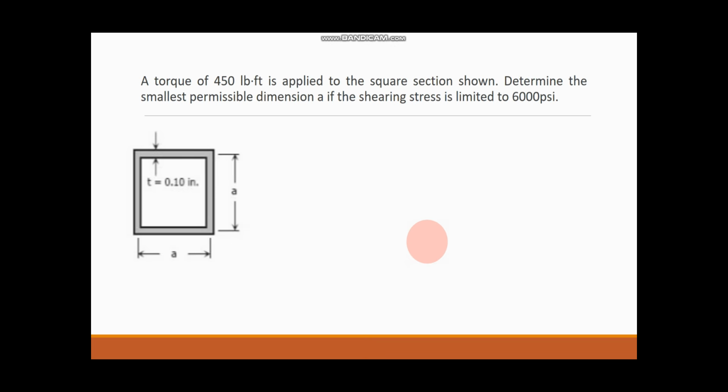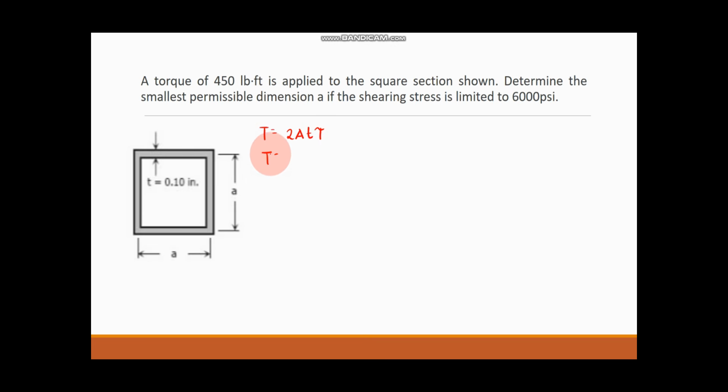Next, a torque of 450 pounds-feet is applied to the square section. Determine the smallest permissible dimension A if the shearing stress is limited to 6,000 psi. Again, our formula for torque is equal to 2 multiplied by the area multiplied by the thickness and then the shearing stress.